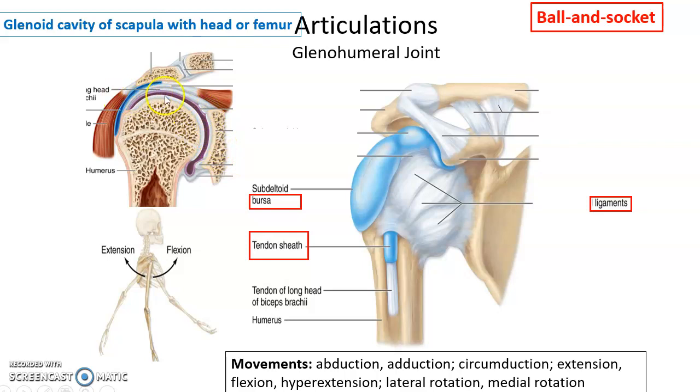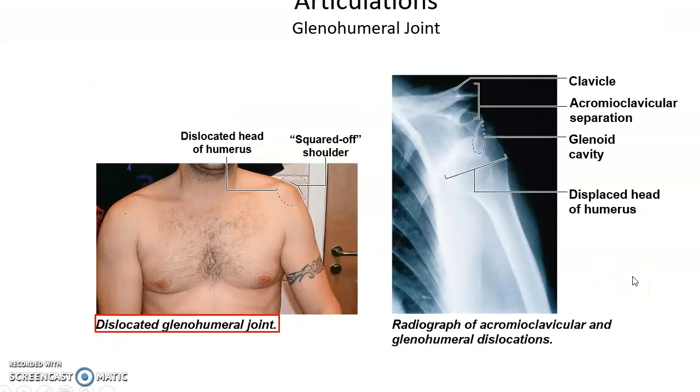You have the joint cavity filled with synovial fluid, the articular membranes. So all things you expect to find in all synovial joints with the addition of tendon sheath and bursa. The movements that occur at the glenohumeral joint include abduction, adduction, circumduction, extension, flexion, hyperextension, and lateral and medial rotation.